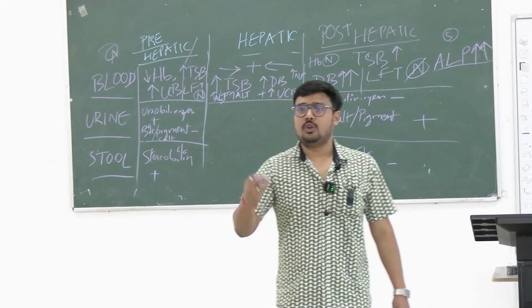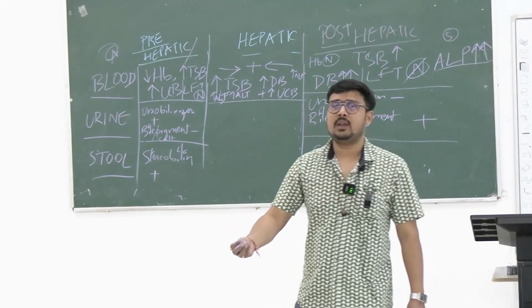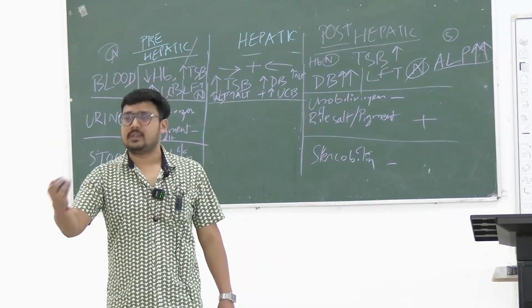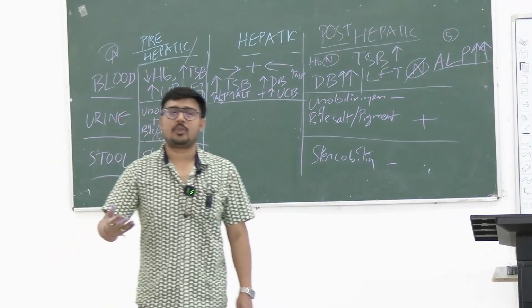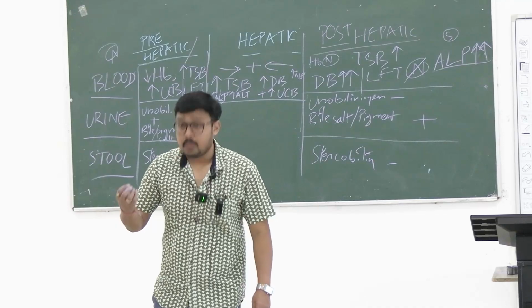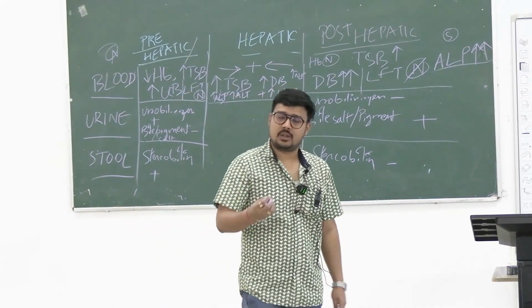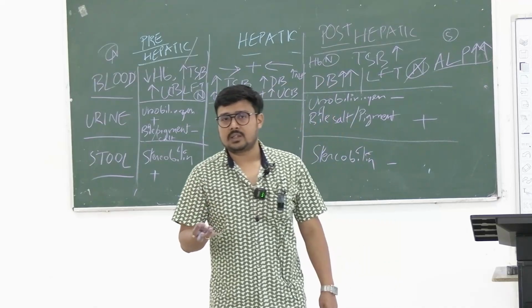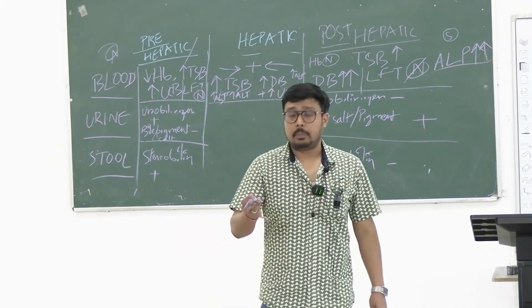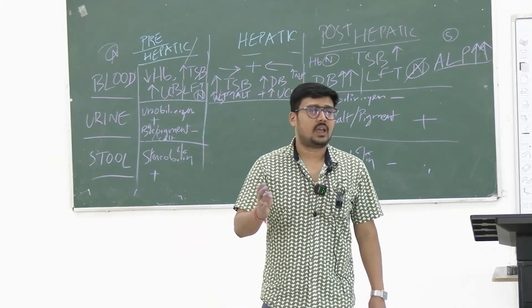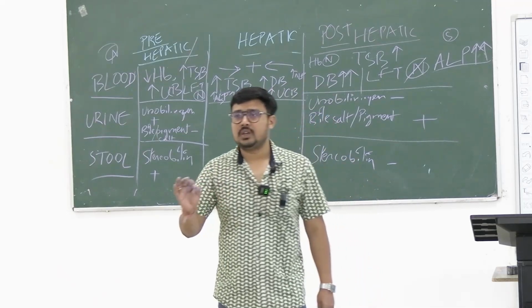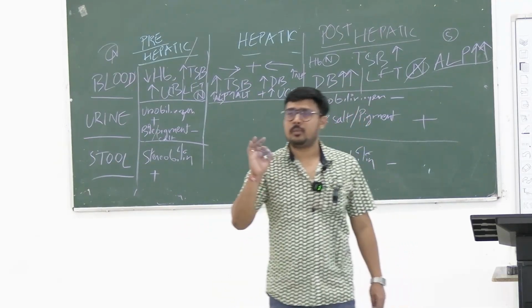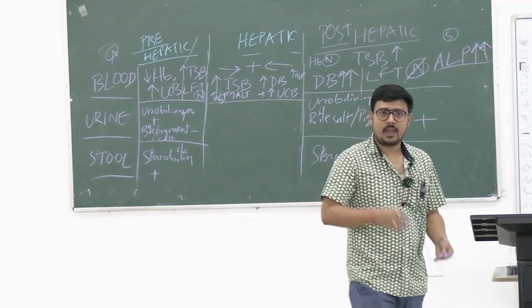Urine, urobilinogen absent, stercobilin absent in stool, bile pigment, bile salt present in urine. So these are the possible clinical and hematological findings in case of obstructive jaundice, okay? So bilirubin metabolism, classification of jaundice, blood and clinical pathology findings, and finally 2 to 3 model questions I have discussed. Any confusion from any end of this class? Any confusion?